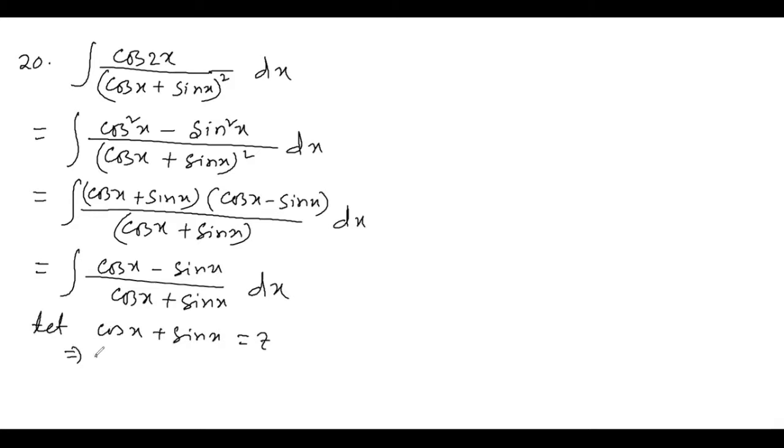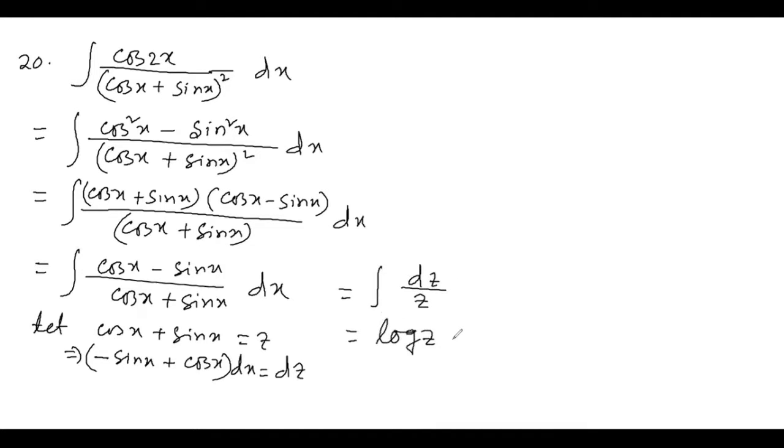Cos x differentiation is minus sin x, its differentiation cos x, so (cos x minus sin x) dx equals dz. So this one will be dz by z, so log z plus c. So the answer is log mod (cos x plus sin x) plus c. This is the answer of question number 20.